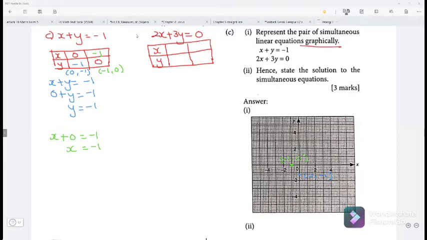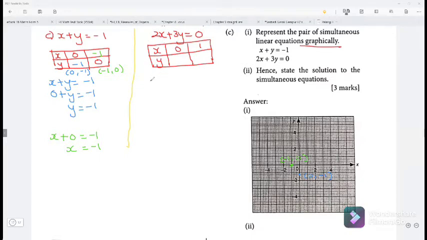Now we are moving to the next one. The next one is 2x plus 3y. You can just say, teacher, can I put 0 and 1? No problem. You can put any number you want, but use the number that's easy for you to calculate. Let's say for the first one, I use the purple color.